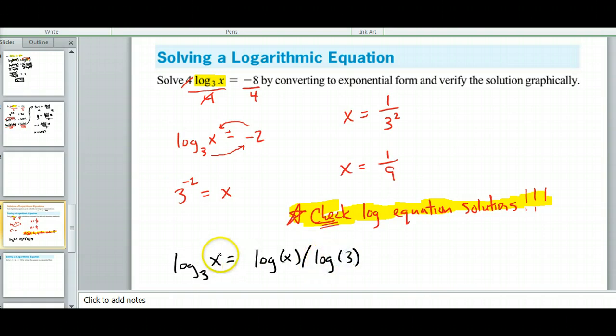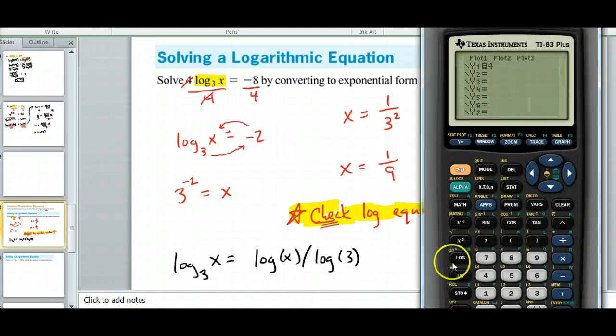That's the change of base formula. So for y1: log of x, close parentheses, divided by the log of 3, close parentheses. And then on the bottom one, -2, left side in y1, right side in y2.